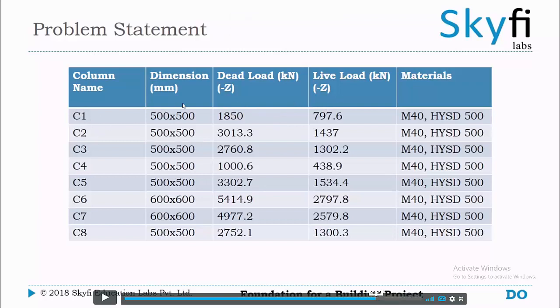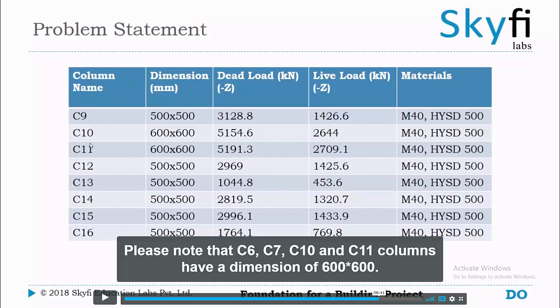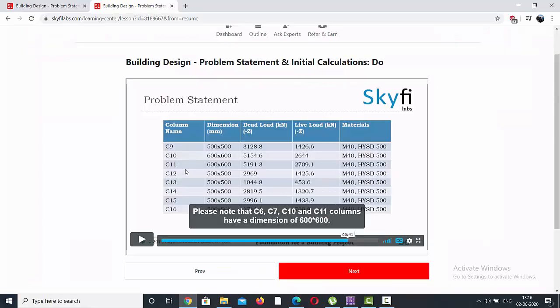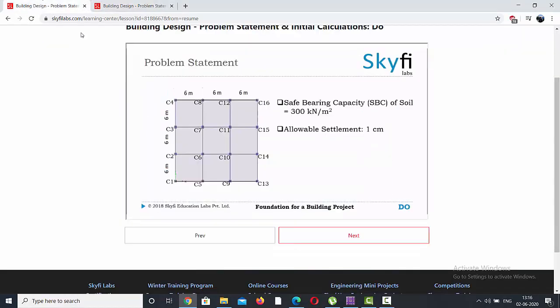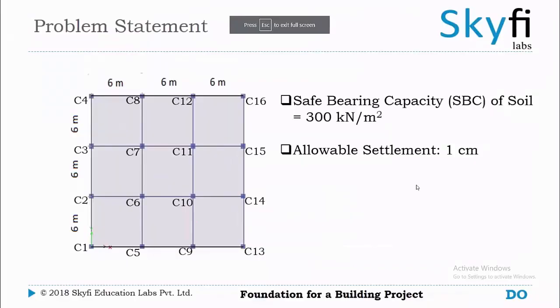You can see for C1 the dead load is 1850 kilonewton and the live load is 797.6 kilonewton, and similarly for all the columns from C1 to C8 it's shown here, and for C9 to C16 the loads are given as follows. The concrete we will take as M40 concrete for the base slab of the footing, and the rebars we will take as HYSD 500. So some calculations we need to do for this problem.